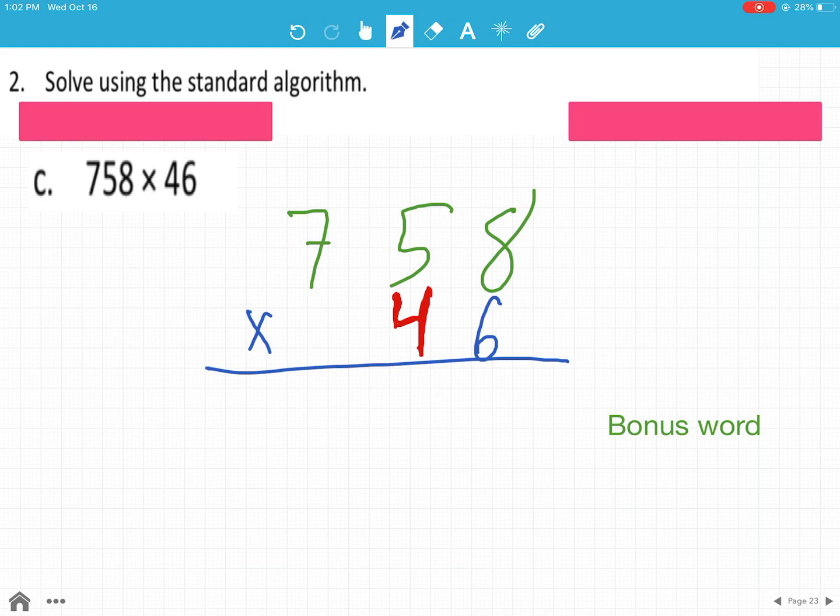All right, 8 times 6 is 48. 6 times 5 is 30, plus 4 is 34. Here's my 34. 6 times 7 is 42, plus 3 is 45.